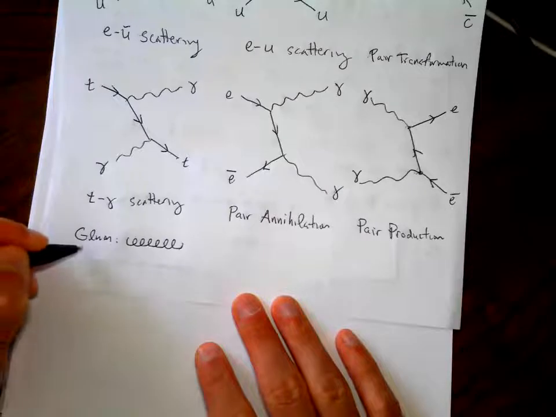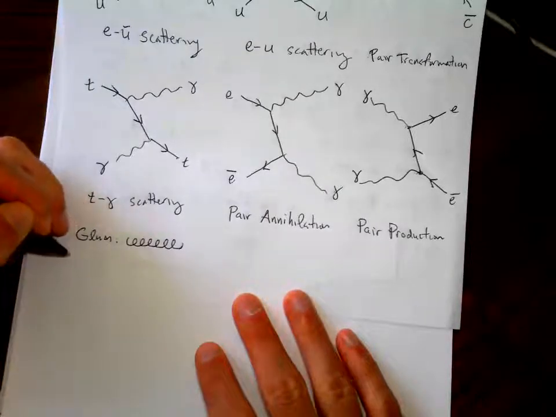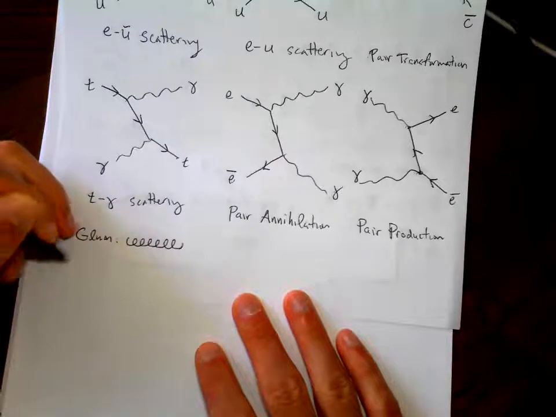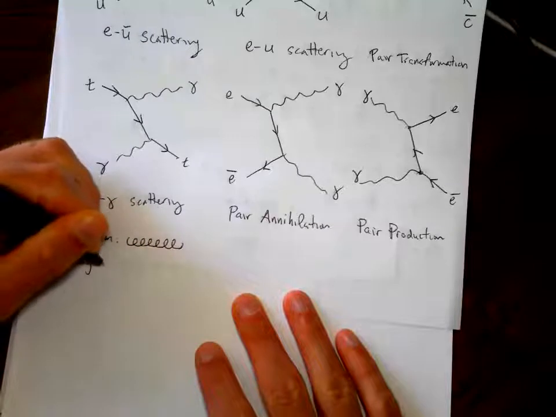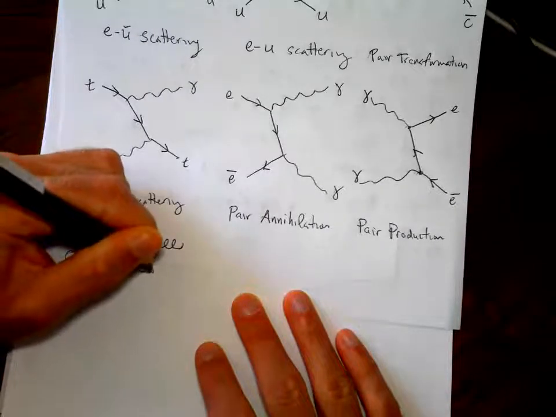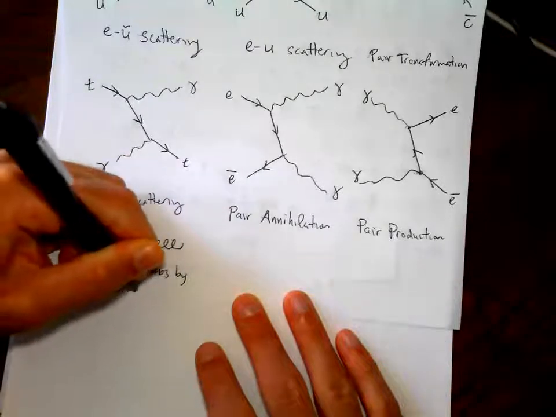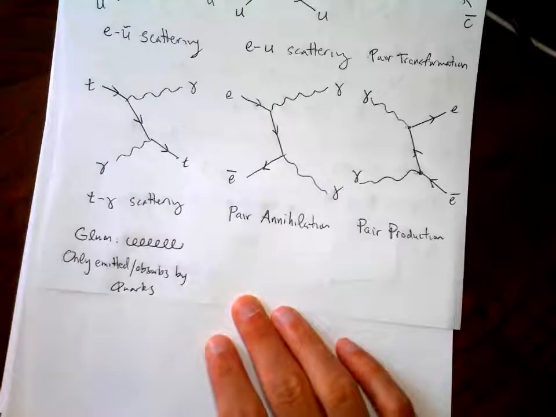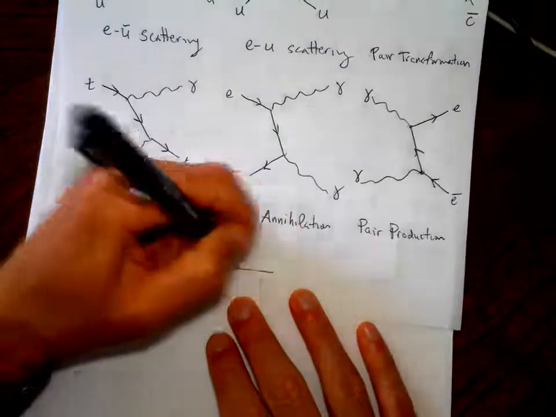Now, the thing with gluons is gluons can only be emitted or absorbed by quarks, because only quarks feel the strong force. So you could have a vertex that looks like this.